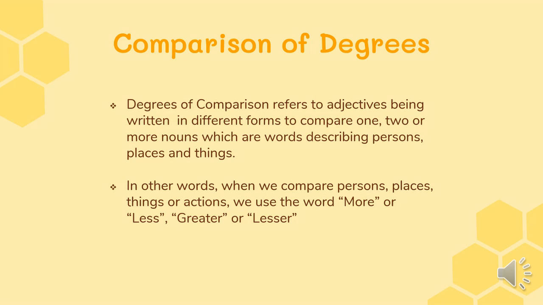In other words, when we compare persons, places, things, or actions, we can use the words more or less, greater or lesser. The word shows how to compare one to another.